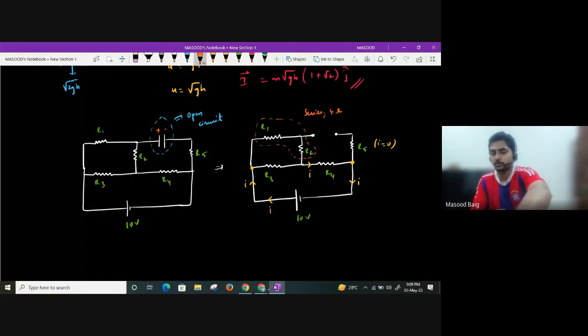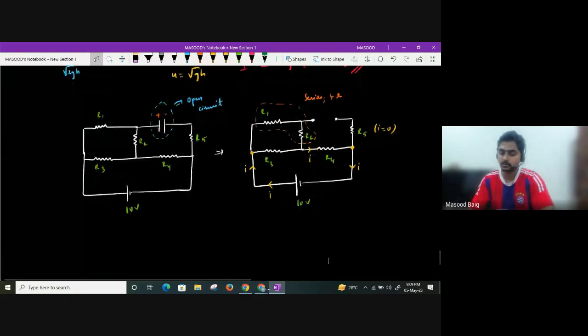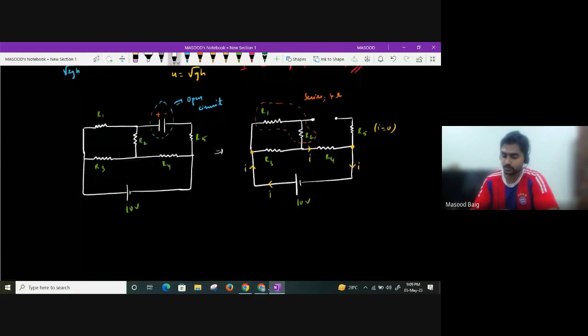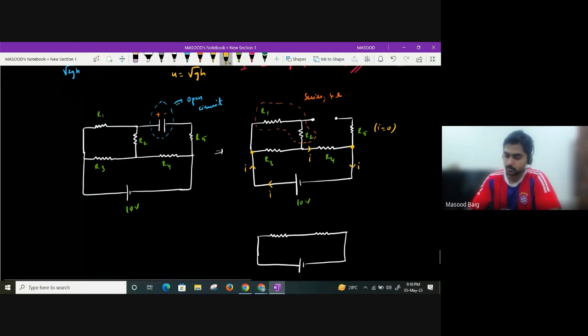What are we going to get for the effective resistance? There's no necessity to redraw. I'll just explain here. These two resistors are in series and we got 4. That is in parallel with 2, so I'll get 4 by 3. Here I'll get 2, connected to a battery of 10 volt. This is our R4 resistance, which is 2 ohm, and this is the effective combination of R1, R2 and R3, which is 4 by 3 ohm.